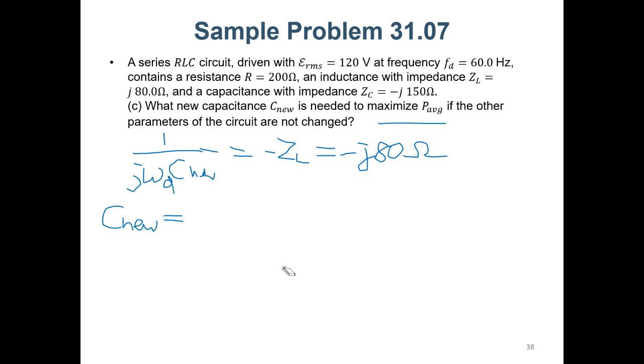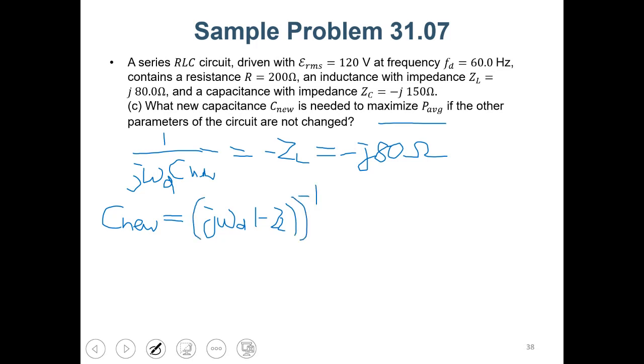It should be something like j omega_d minus Z_L, and then we take the inverse.